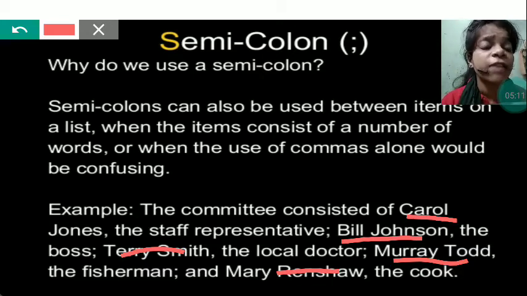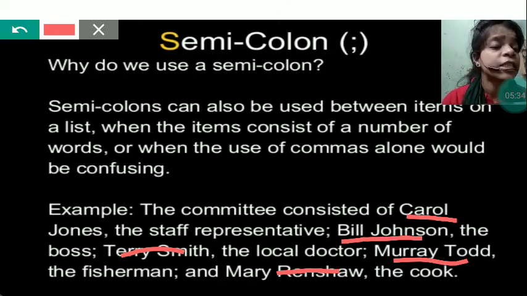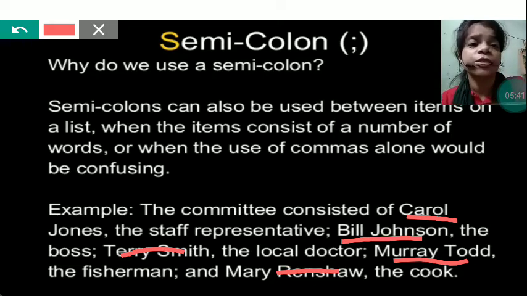So there are two types of list in this example, and if we use only commas everywhere, it may confuse the reader. That's why semicolons are used to separate the members, and commas are used to separate the names and the designations.